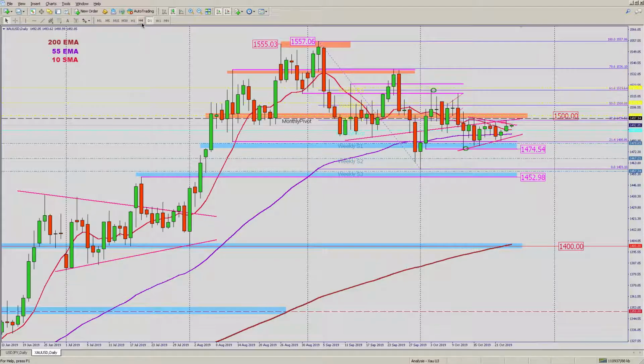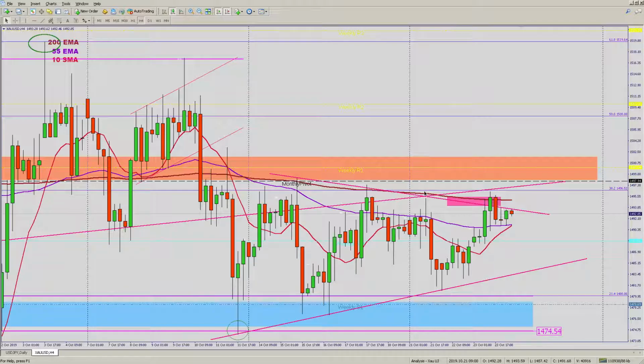Let's switch to the 4-hour time frame. It did try to break out higher above the 200 period EMA, and that's still the intermediate resistance down here, and we'll see.